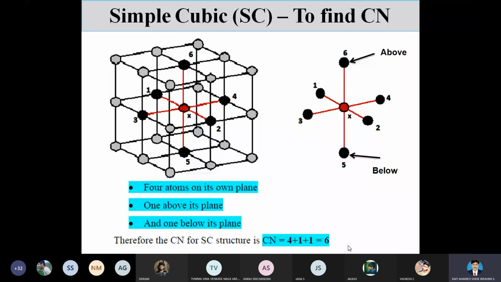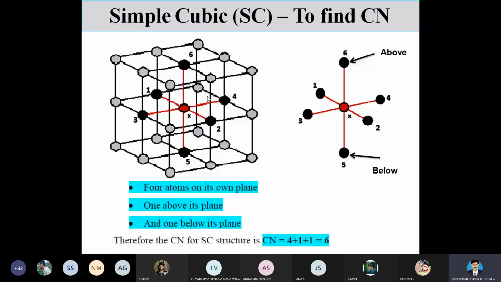From the structure, I am going to consider one atom as a reference atom, say X. See, for this reference atom, we have to search the nearest neighbors.